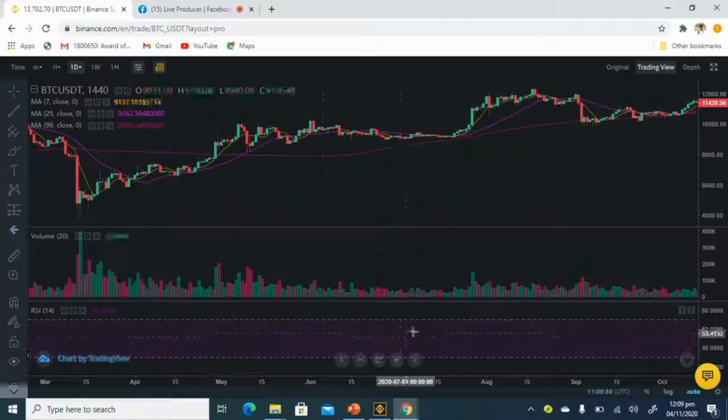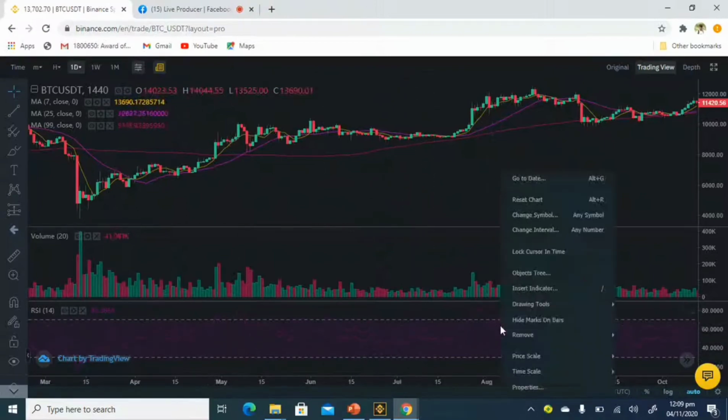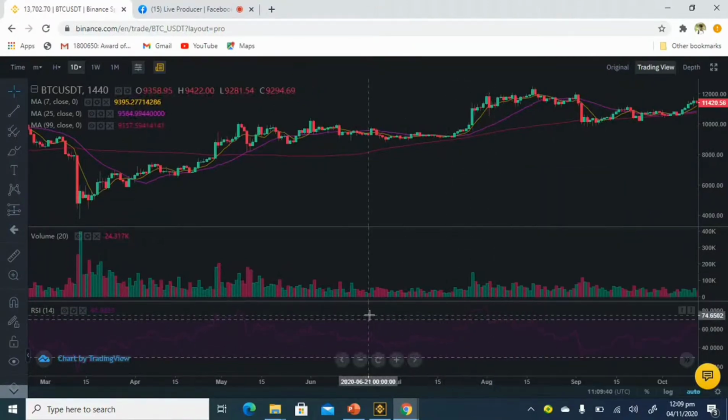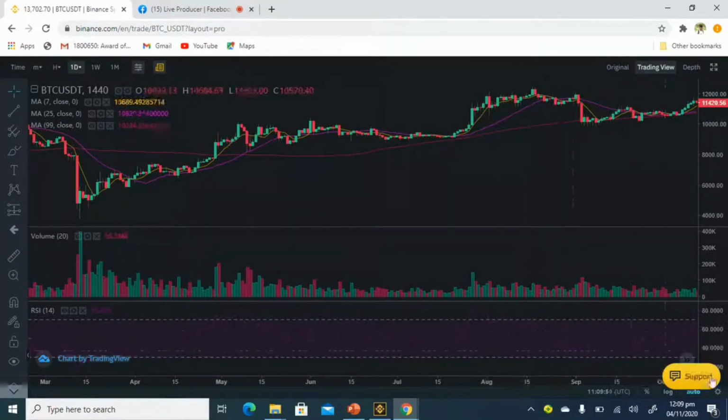So this is the RSI here, if you can clearly see it. It's almost the same color, but if you can see it, you would see a line chart here, and like I told you, this oscillator goes from 0 to 100.